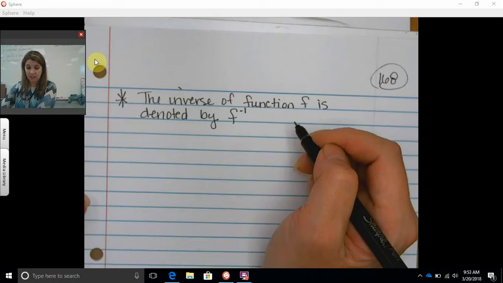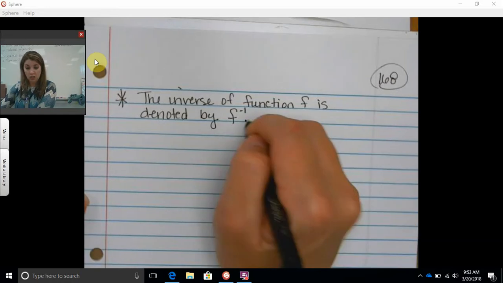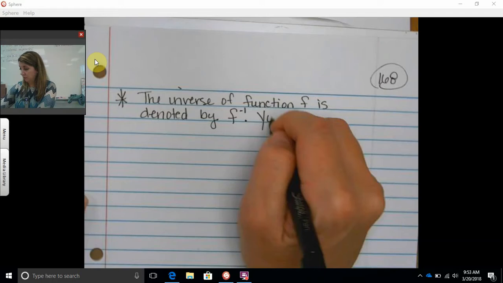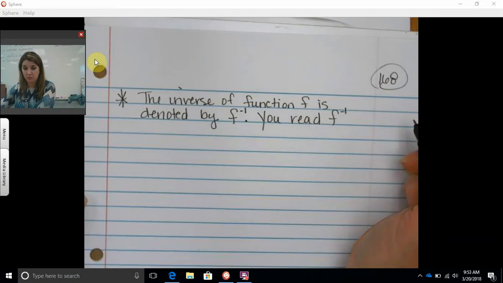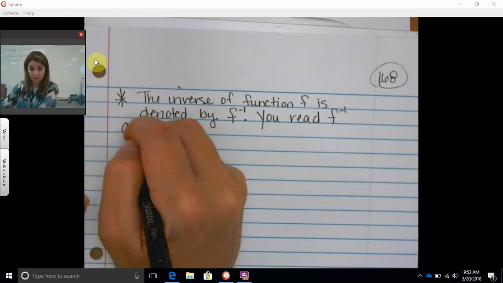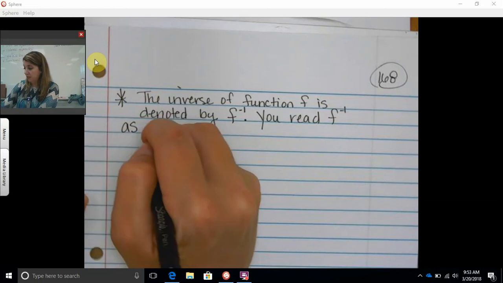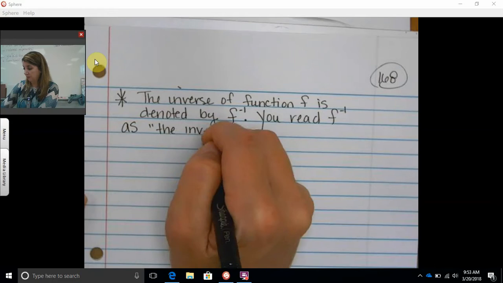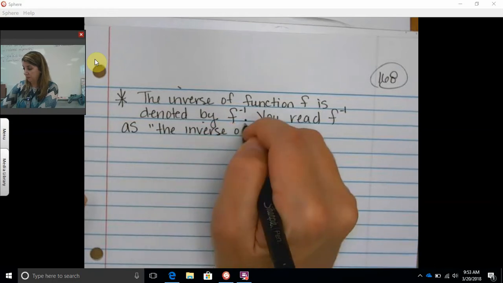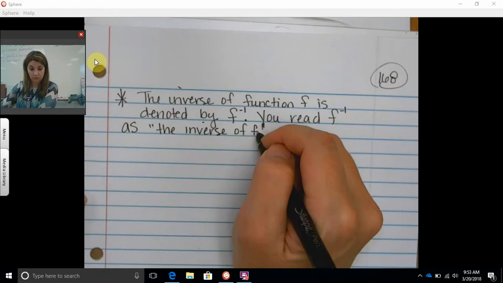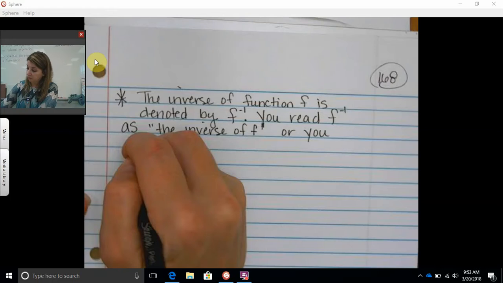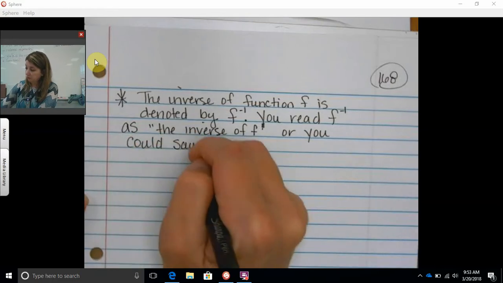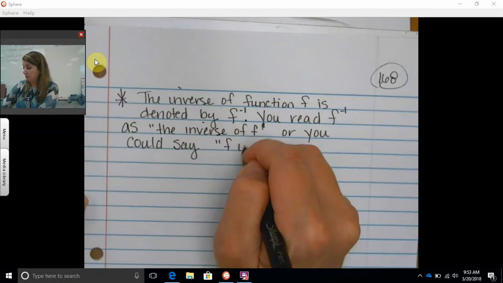But you don't say f to the negative 1. I'm going to say it like f to the negative 1 for now because that's all you know, but that's not how you say it. You read that as the inverse of f, or you could say f inverse.